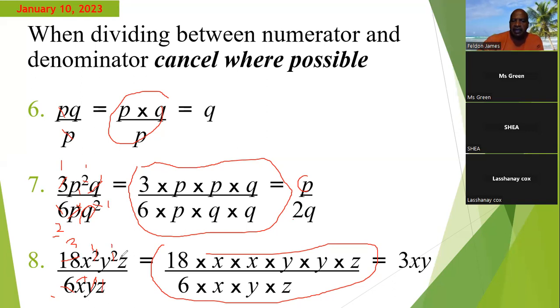Cancel z with z. So everything down here cancels out, but what will remain above is this 3, this x to the power 1, this y to the power 1. So you have 3xy. All right, so that's a little bit more tedious, but a shorter way of canceling.